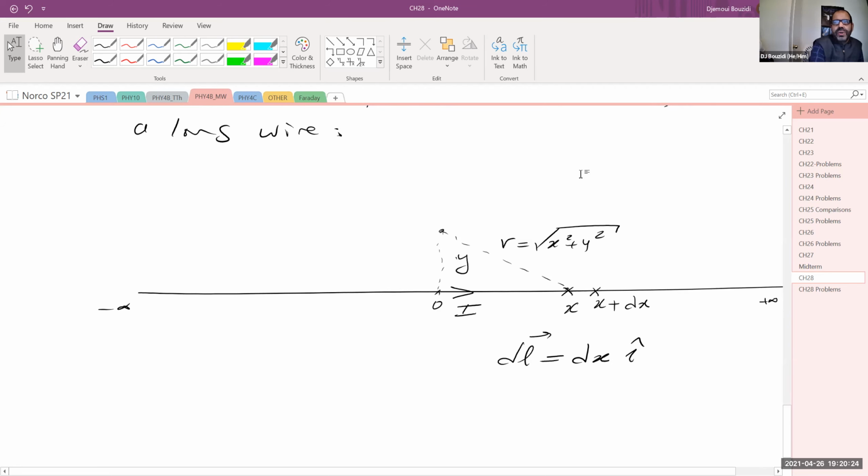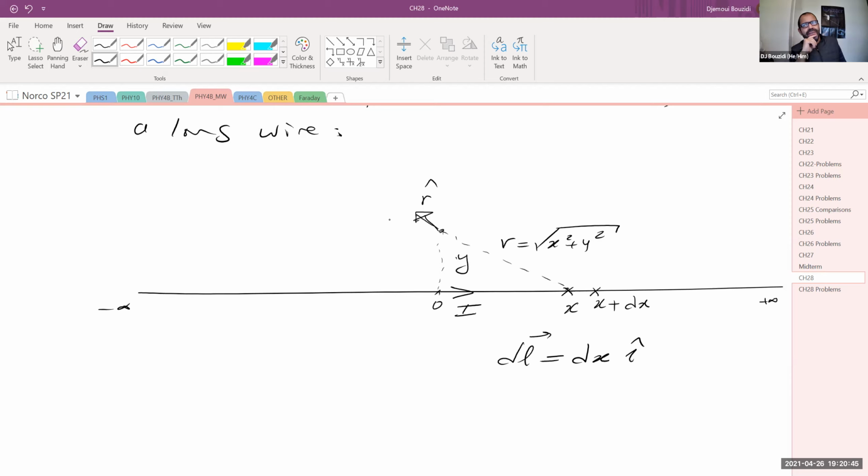Very good. So the r hat in here is clearly the vector r hat we're talking about, because we take it from the element dl and go straight to the point where we want to find the magnetic field. That is the whole point.